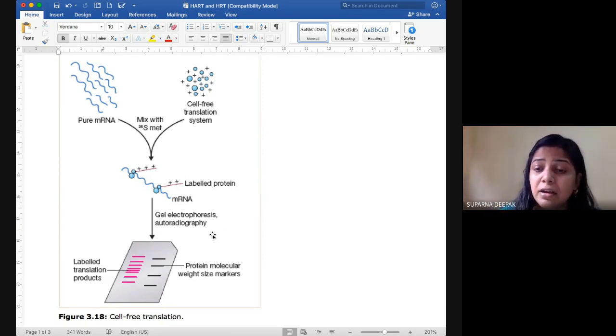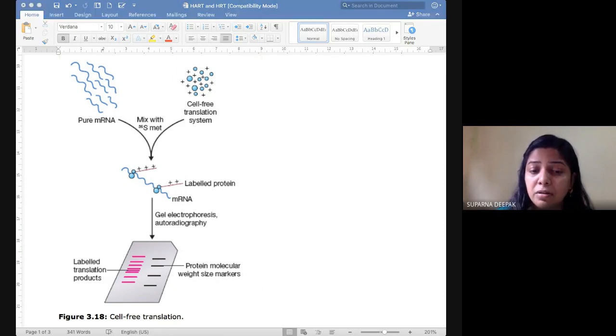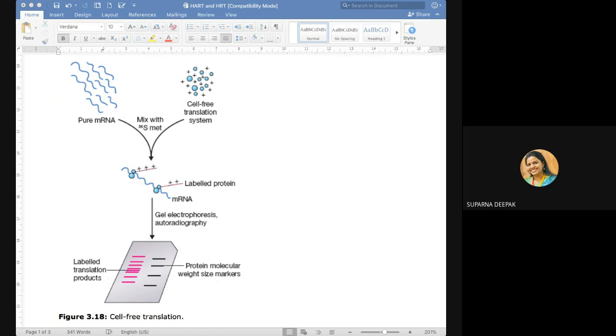You will do the gel electrophoresis and get your bands, which can be run along with molecular markers, so that you can find out the molecular size of your proteins. That can definitely be understood.